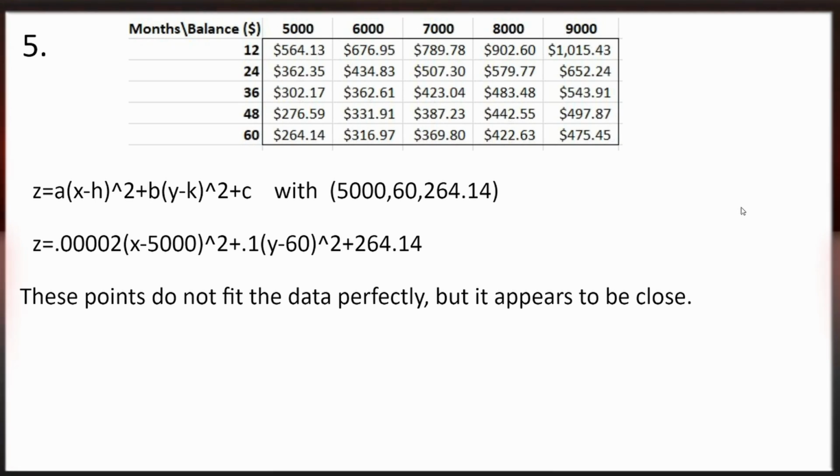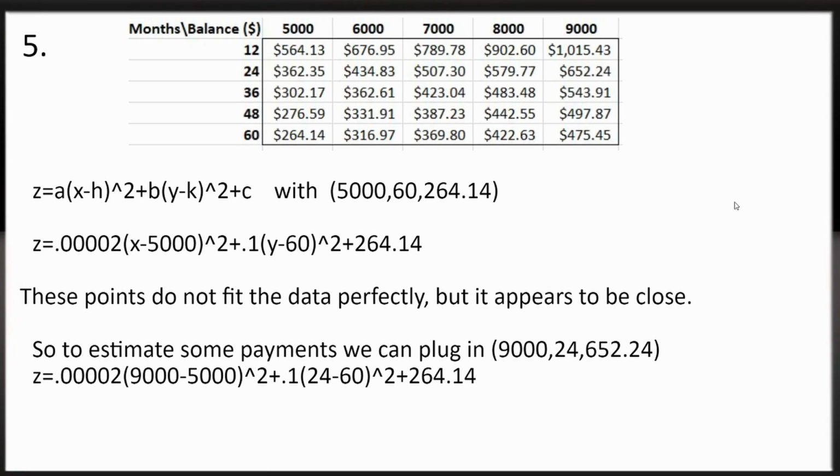So we came to the conclusion that these points do not fit the data perfectly, but it's close enough. So we estimated some payments, and we plugged in just a random number from the table. We picked 9,024, 652.24.